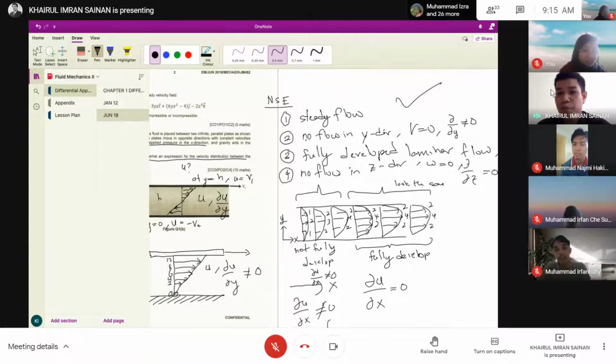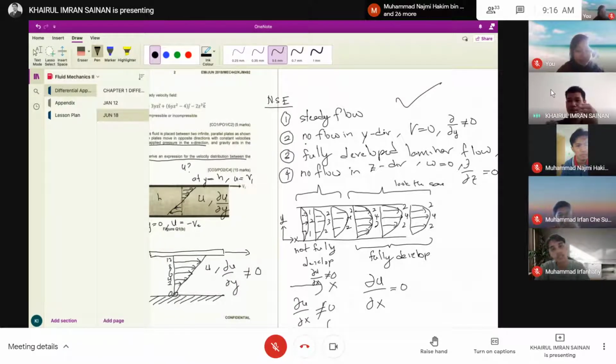Normally, when we want to apply assumption number 2 and number 4, this is different from the question asked by your friend. If your arrangement is steady flow at number 4 and laminar flow at number 1, it's up to you, it doesn't matter. Now I'm going to explain about number 2 and number 4.